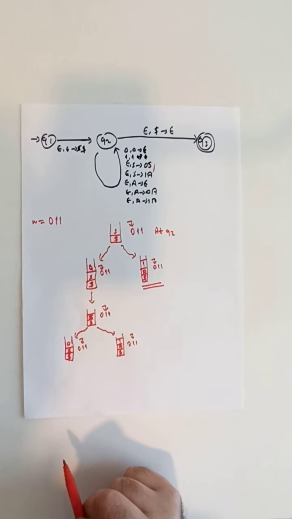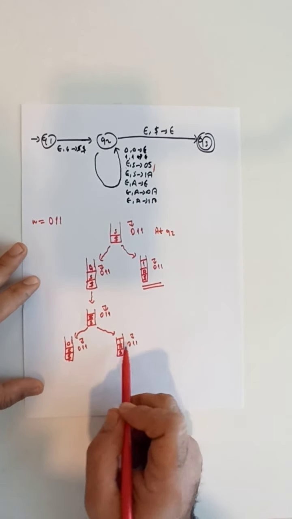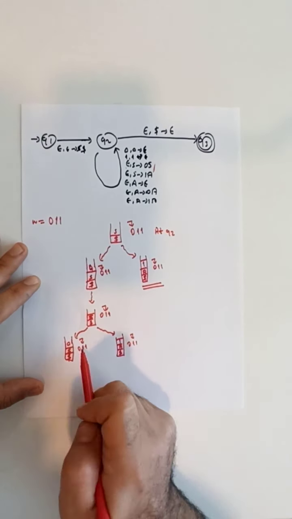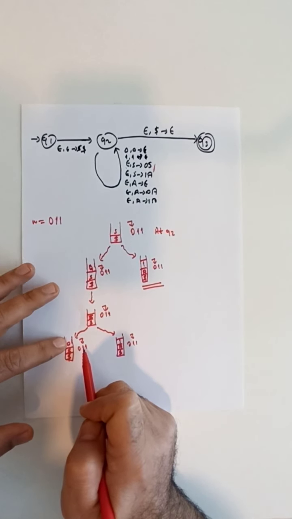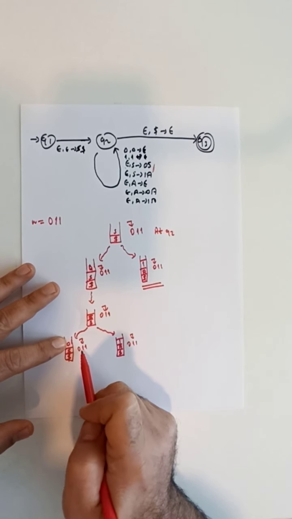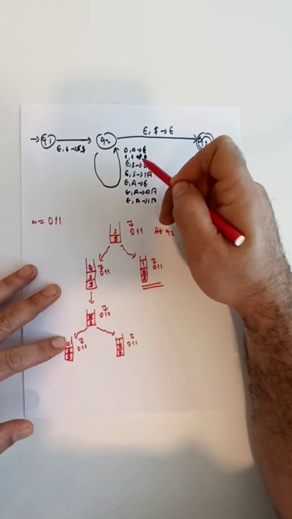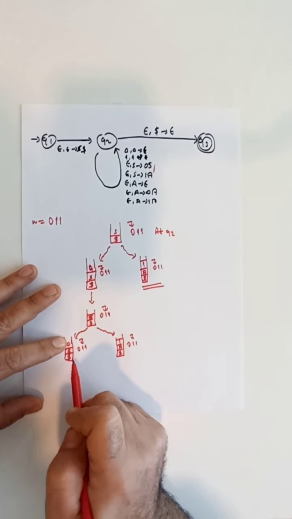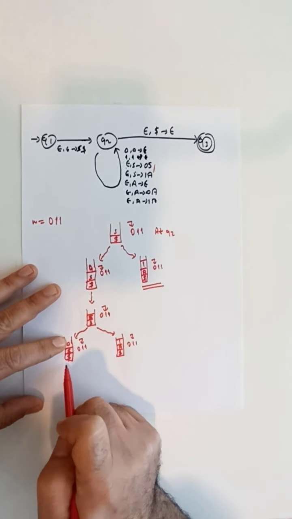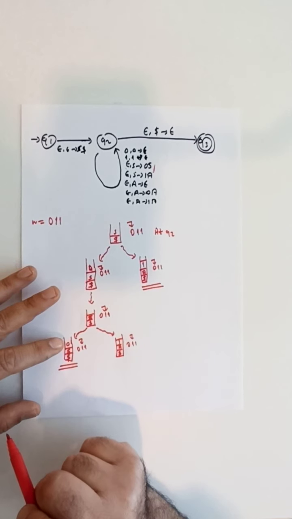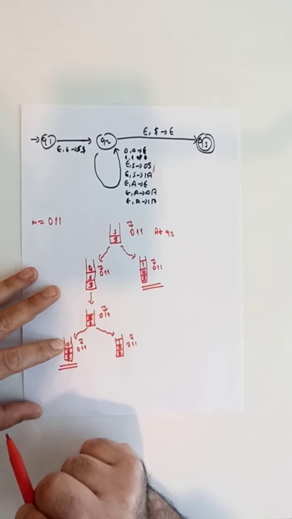Okay. Now again, inspecting these two possible configurations, we see that our top of stack is a terminal 0, and under the tape head we have the opposite symbol. So according to these two transitions related to terminals, we cannot proceed with this configuration. So this computation branch dies out in here.